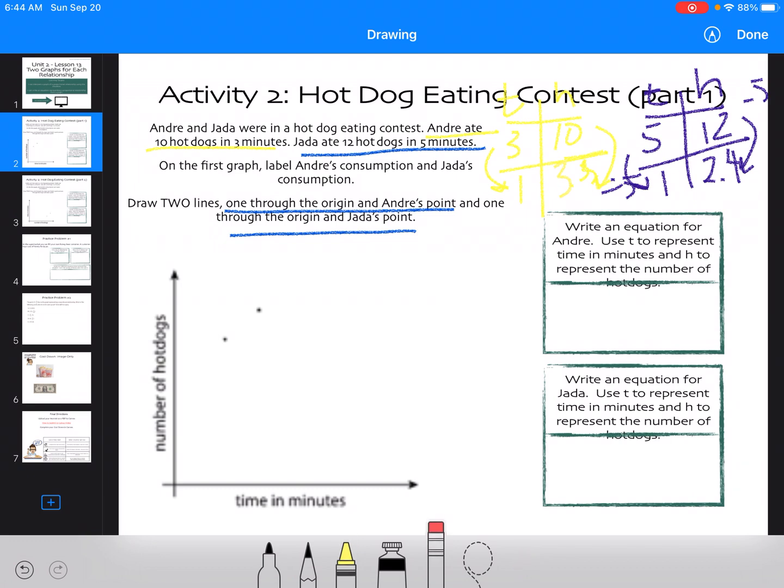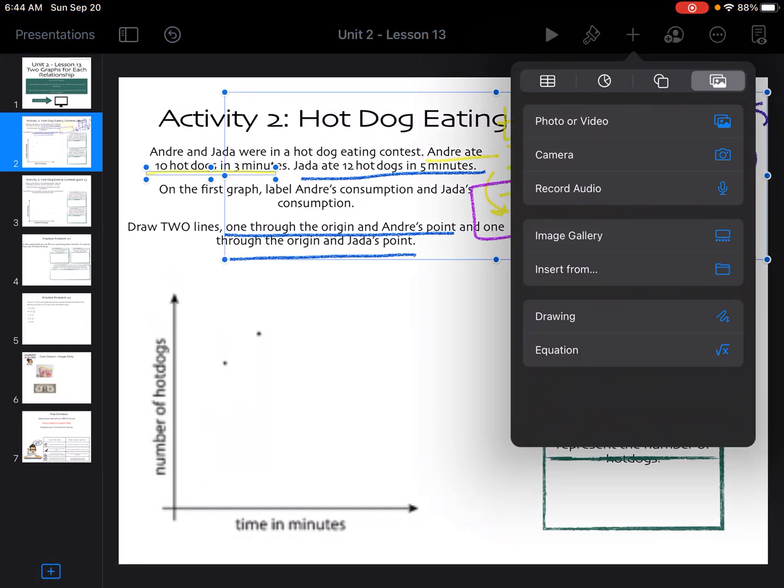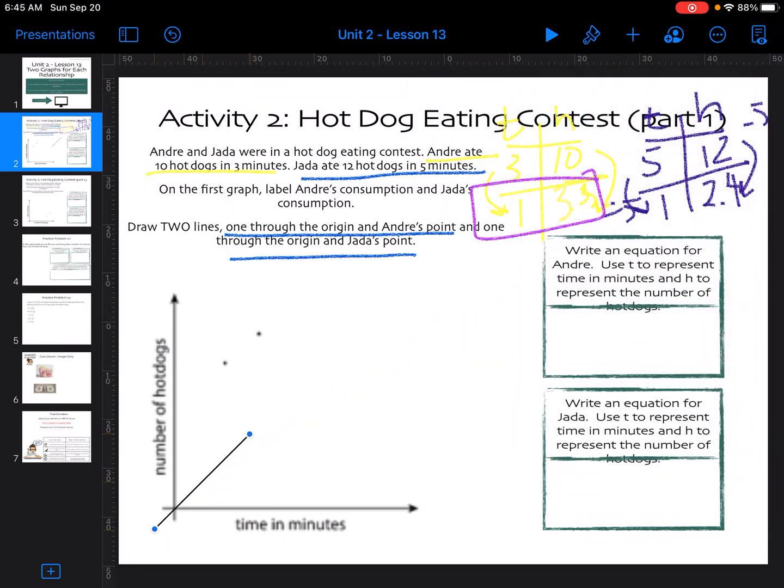So that means that because his constant of proportionality is steeper or higher, that tells me that his has to be this one. Let's just use my tool. Because it's a proportional relationship, I have to go through the origin.